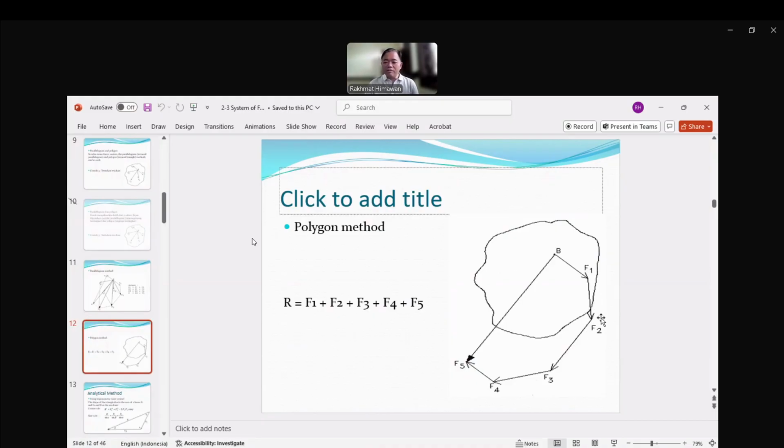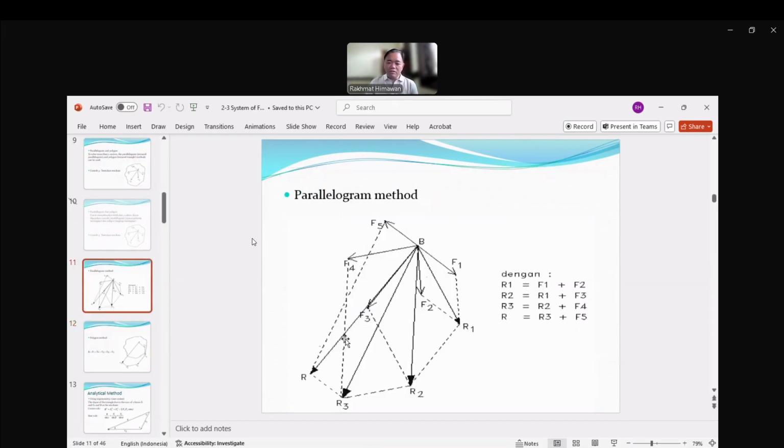So F1, F2 have exactly the direction of the original force, but the starting point is different. The starting point is the end of the previous force until you reach F5, and then from B to F5 is the resultant. Similar to this, the resultant as well.